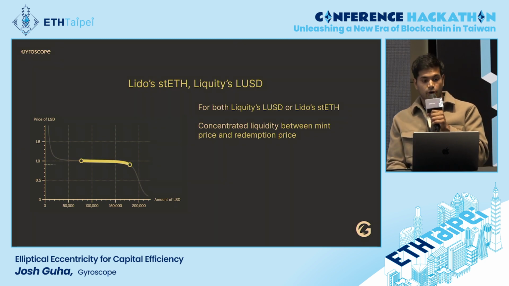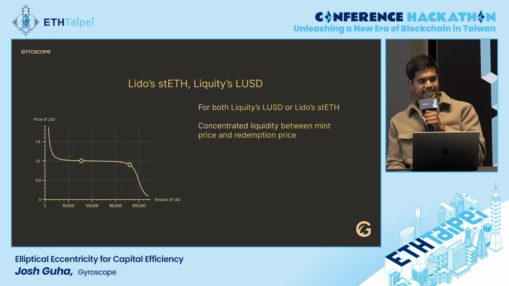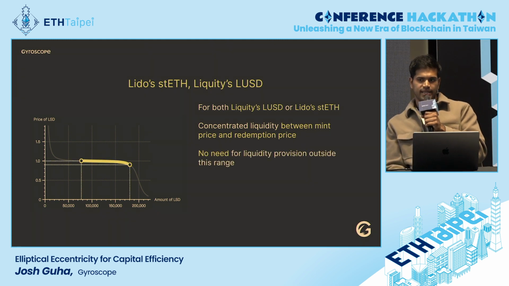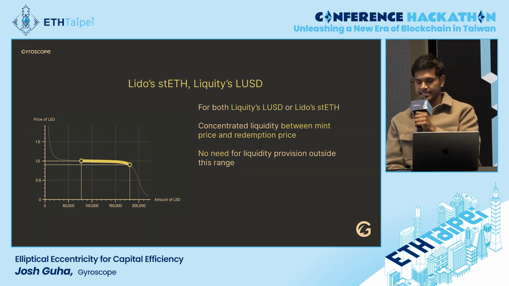Okay. So in both Lido's staked ETH and Liquity's LUSD, trading occurs in a specific range bounded by the mint and the redeem prices of the derived assets. Again, there's no need for liquidity to be maintained outside this trading range. So the ECLP can be calibrated to concentrate liquidity to fit the market conditions.